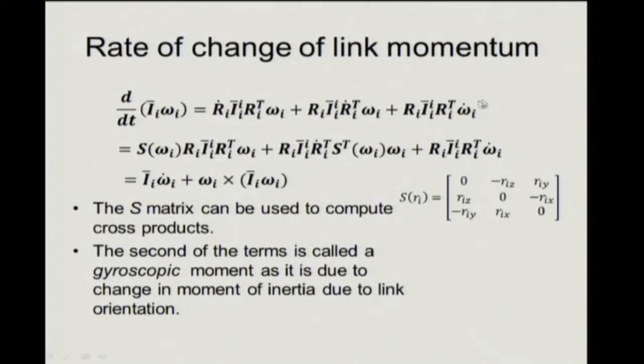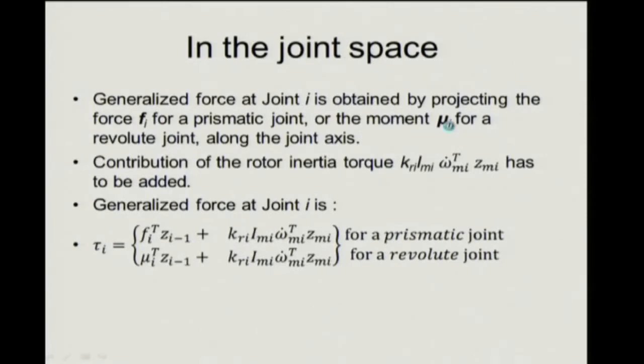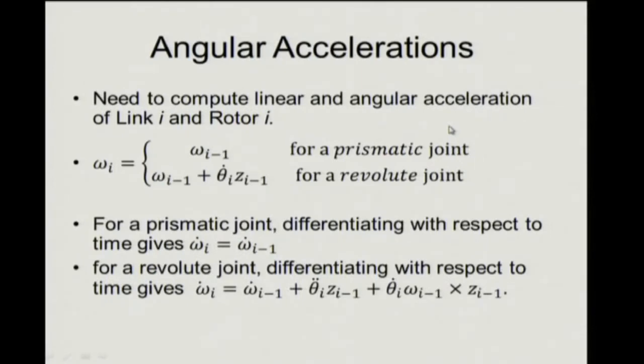So, I am interested in omega I dot, and then in the earlier term I was interested in p C double dot, the acceleration of the center of mass and the angular acceleration of the link. So, these are the two terms I am interested in.